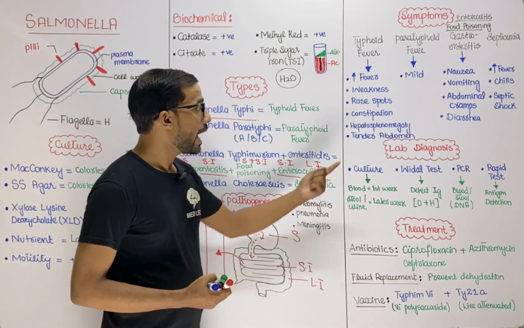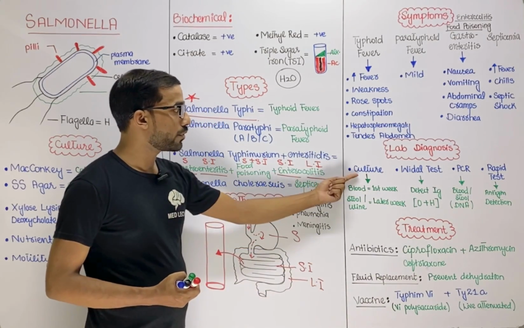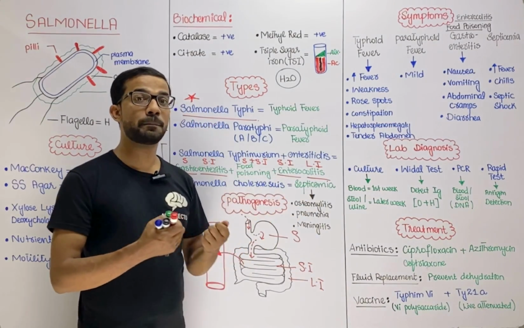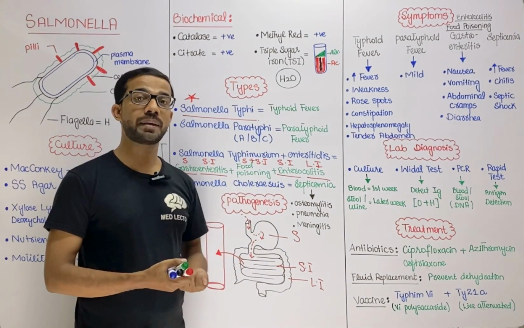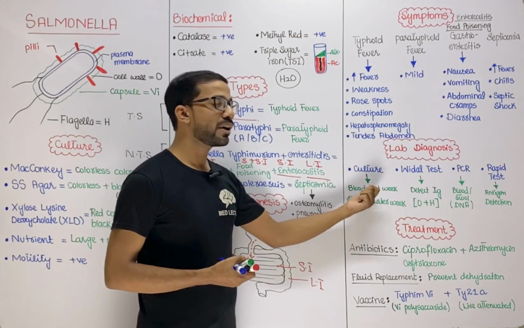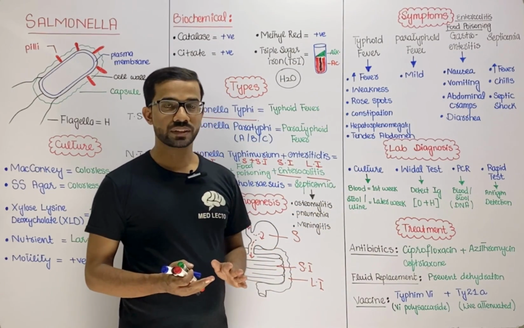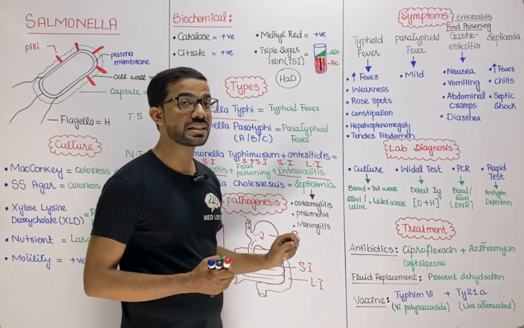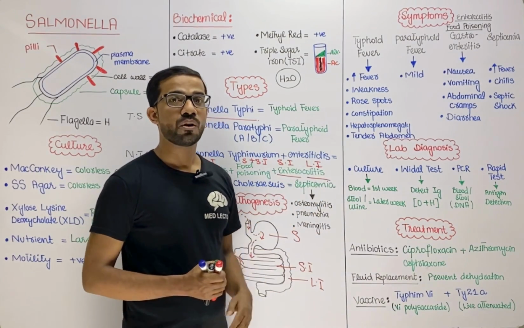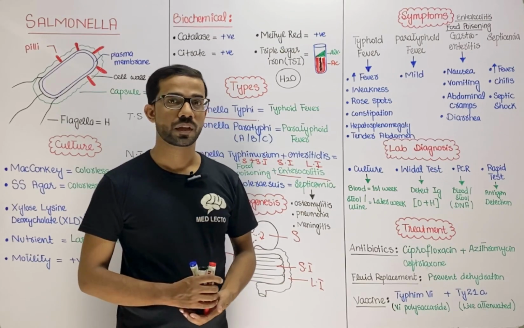In that case, for lab diagnosis, we will go toward culture. We will take the blood in case of typhoid, because in typhoid the bacteria enter into the blood, mostly in 1 to 2 weeks of the illness. Next, we can take the stool and urine samples after the first and second week.